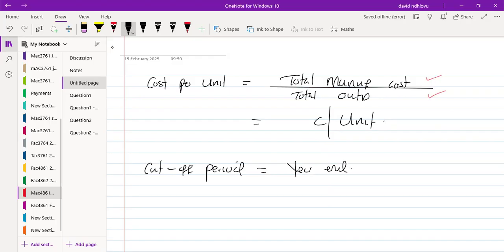For example, you'll find that most companies you work for, towards December, maybe on the 22nd or the 23rd, production is closed off and the company closes, and you get a break, and you only come back maybe on the 2nd of the next year.